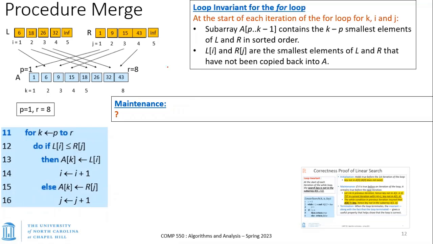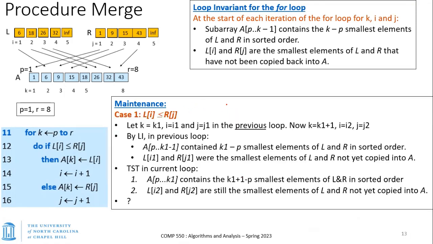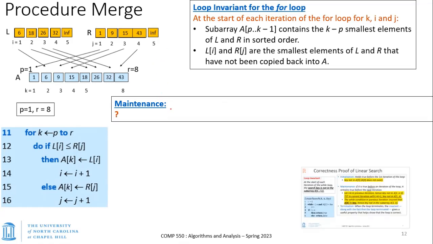The three: you have K, and you have I and J. So let's assign those to K1, which is the previous loop, and I1 and J1. Those are the temporary variables assigned to K, I and J for the previous loop.